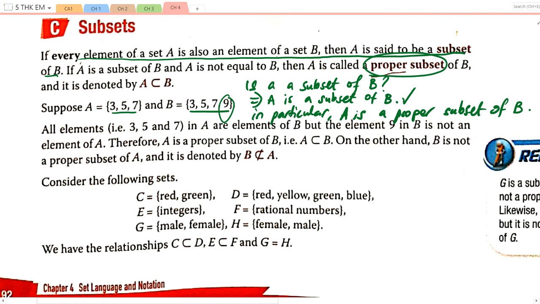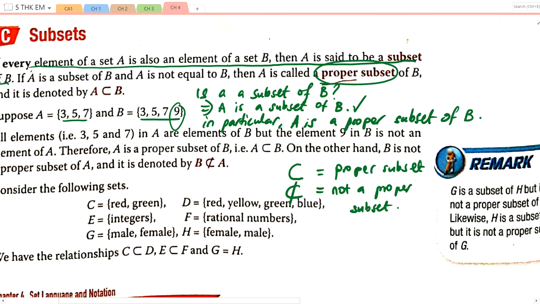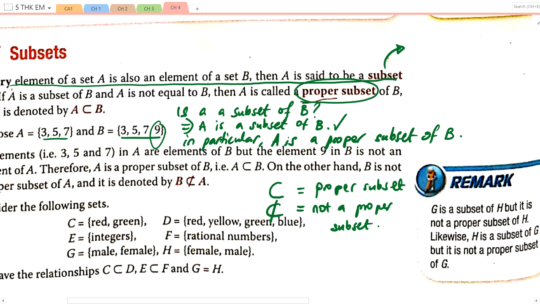Okay, so since this represents proper subset, then this here represents not a proper subset. Now there is another symbol that is used to represent subset.